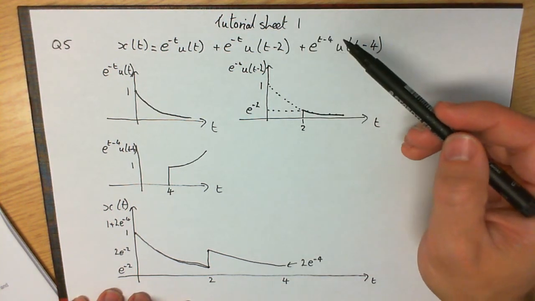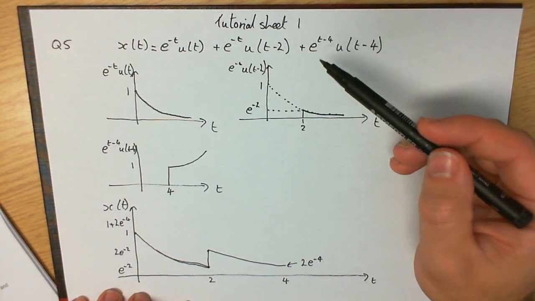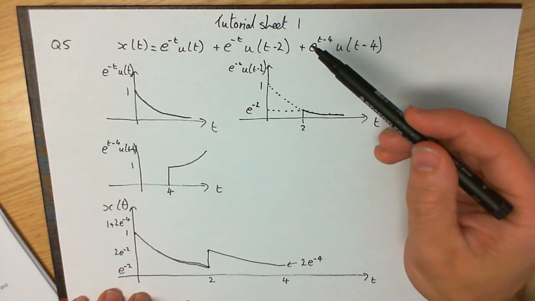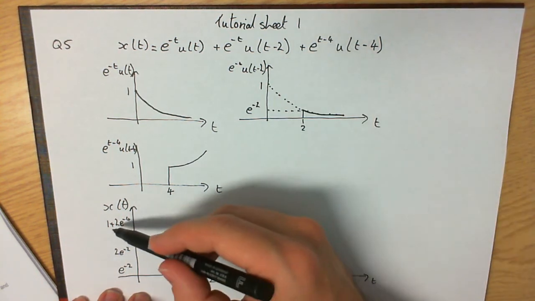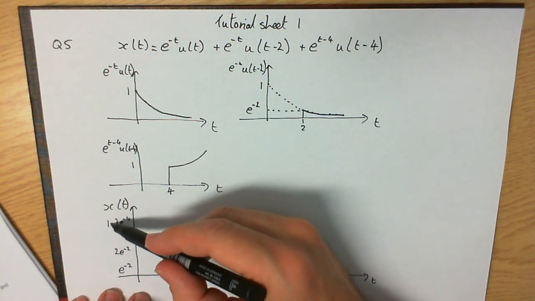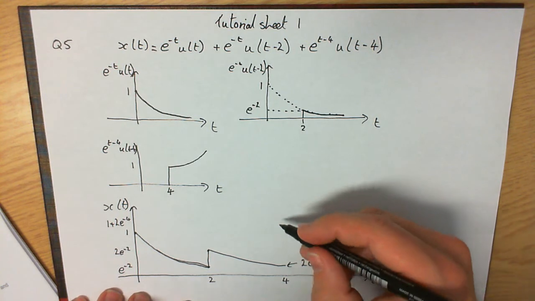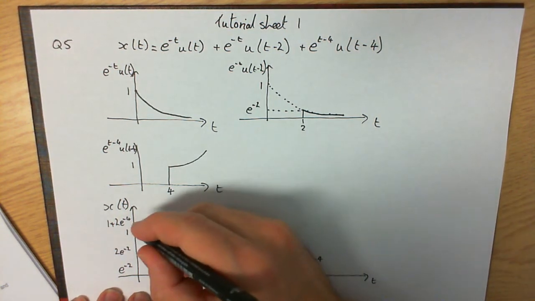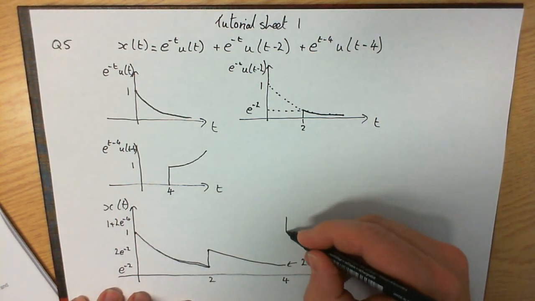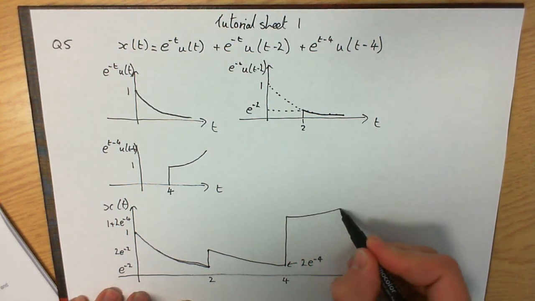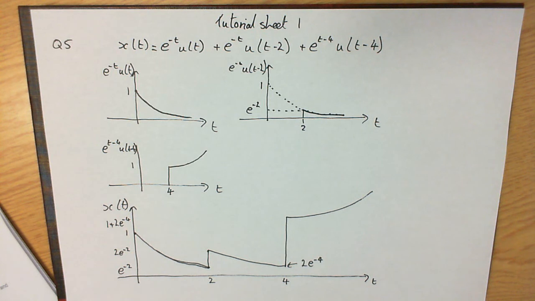And then we've got to add on this function, which is going to be 1 when t is equal to 4, because we've got t minus 4, so we've got e to the 0, which is what this 1 is, plus the 2 e to the negative 4 that we've already got. So this jumps up, and then that then exponentially increases after that.